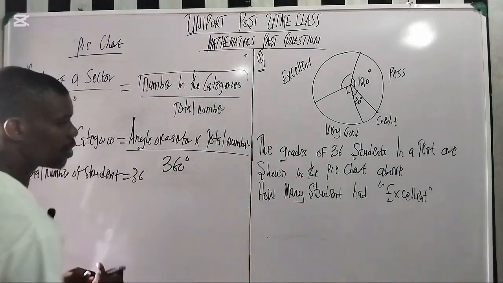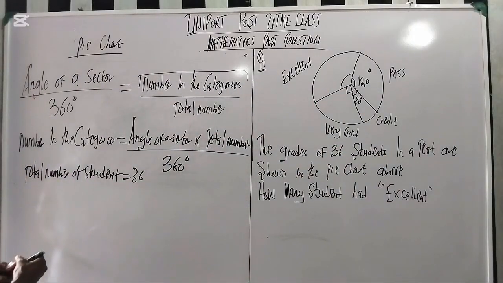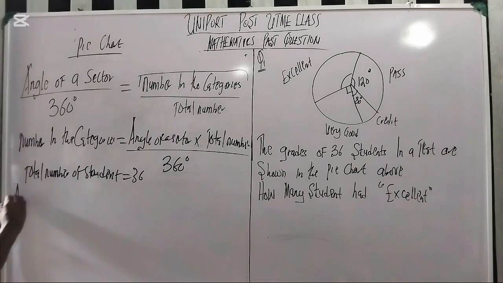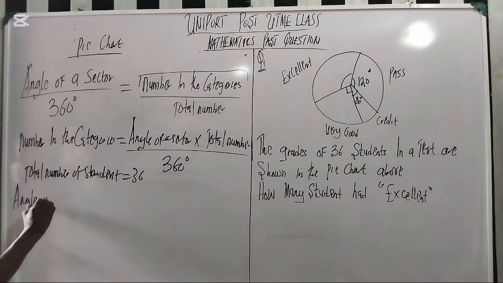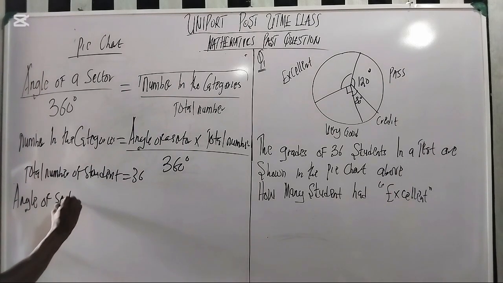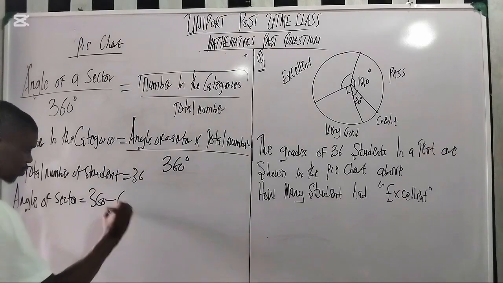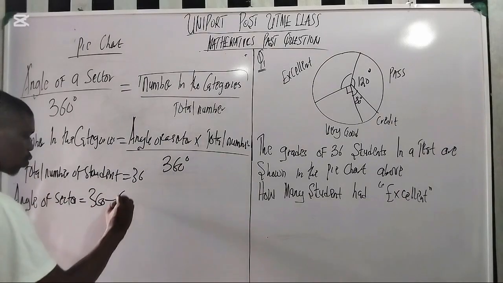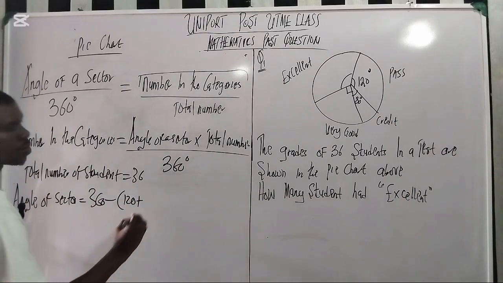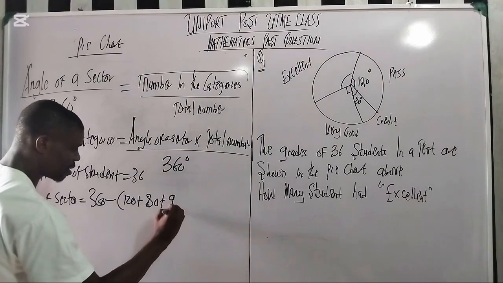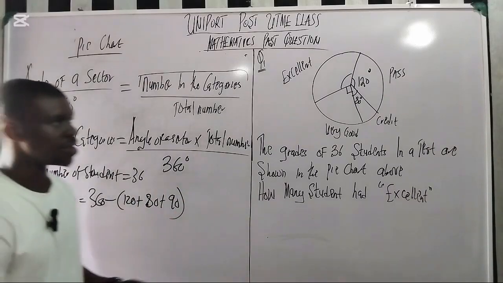So here we can say the angle of the excellence sector is equal to 360 minus (120 plus 80 plus 90). Do you see that? Why is it like that?